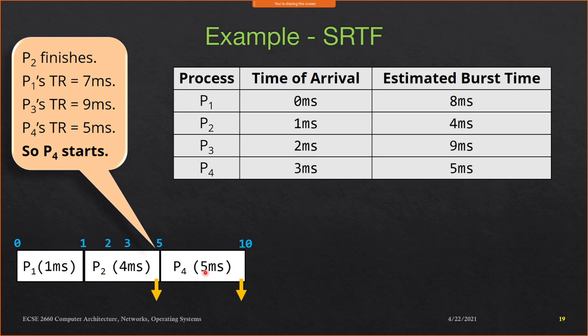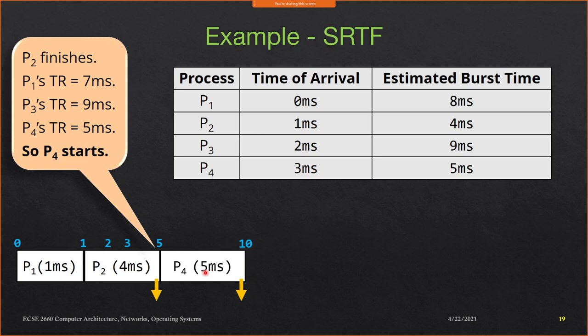What is going to happen next? Which process will get the CPU resource next? There are only two options. P2 and P4 have finished. So there's a choice between P1 and P3.